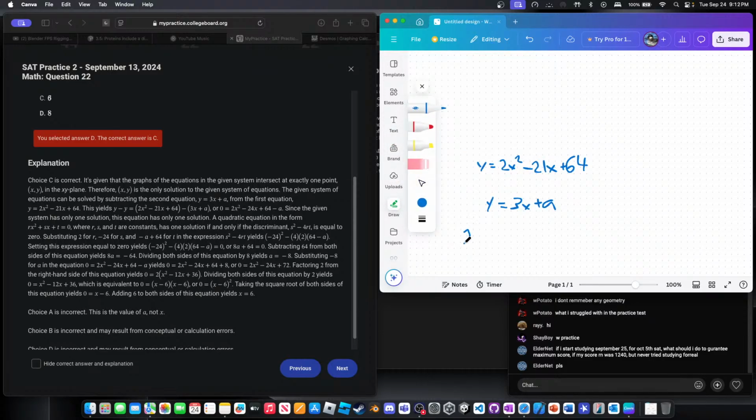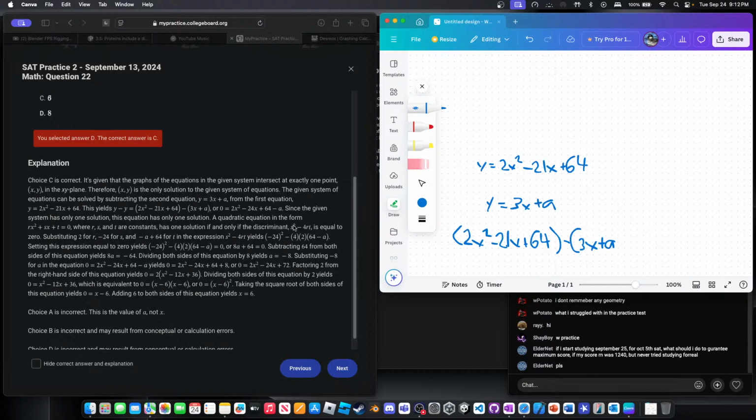Why do I have to use this? That's 21x plus 64, and it says to subtract. Why would we subtract? I would never think of doing this. Plus a minus a. Since the given system only has one solution, the equation has only one solution.